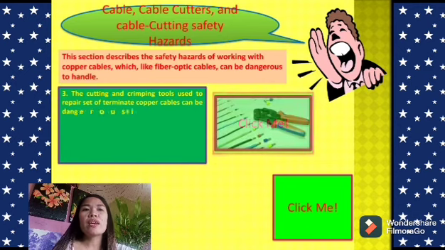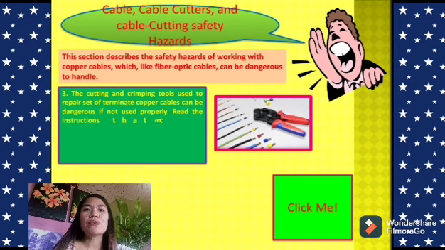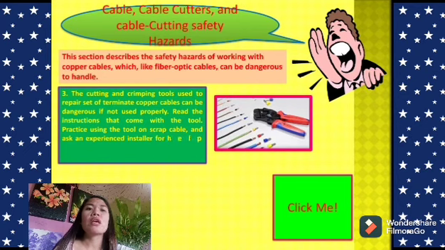The cutting and crimping tools used to repair or terminate copper cables can be dangerous if not used properly. So read the instructions that come with the tool. Practice using the tool on scrap cable and ask an experienced installer for help if you need it.